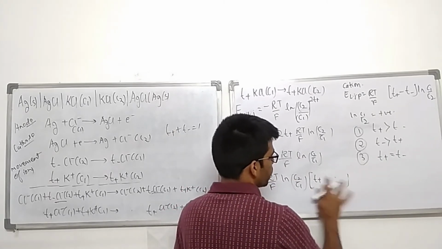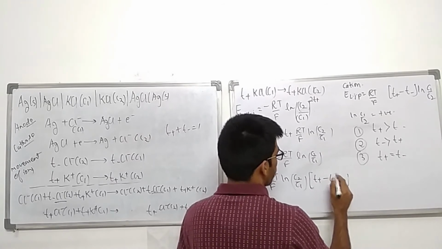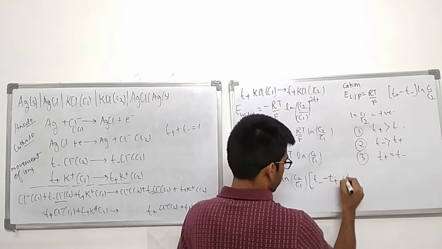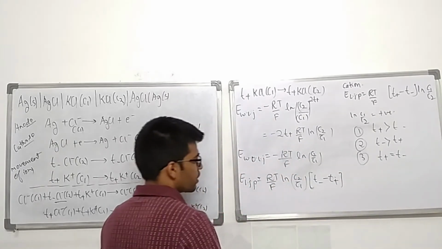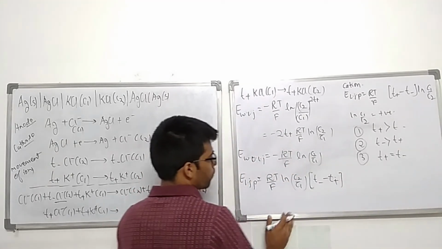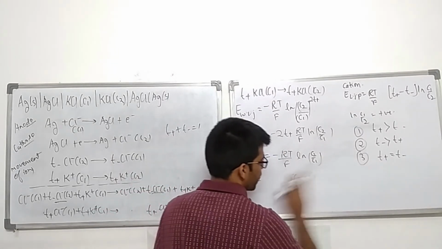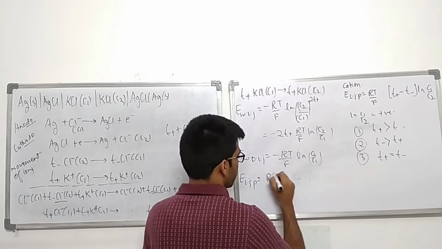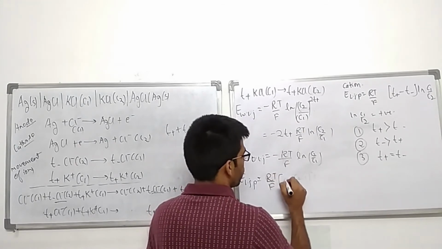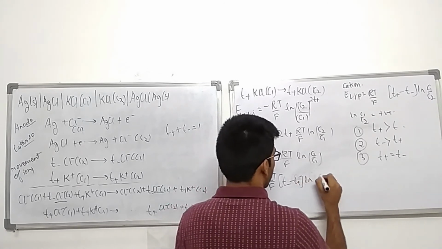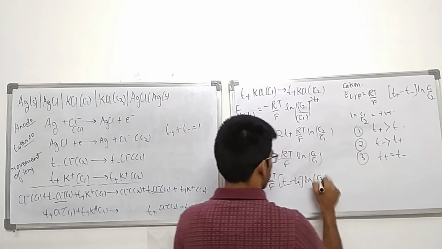I will be left with T minus plus minus of T plus. So this is the final form for liquid junction potential with respect to anion. I am rewriting it in that form. So I will get RT by F, T minus minus T plus, ln C2 by C1.